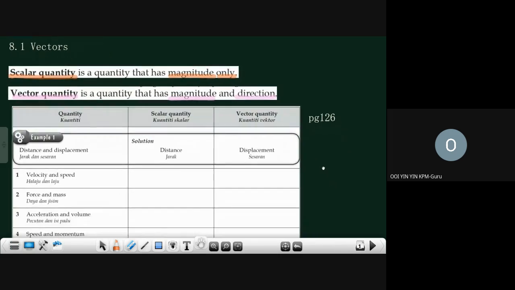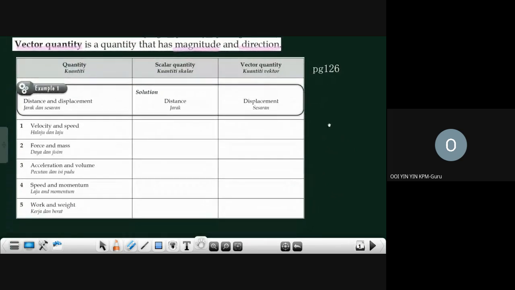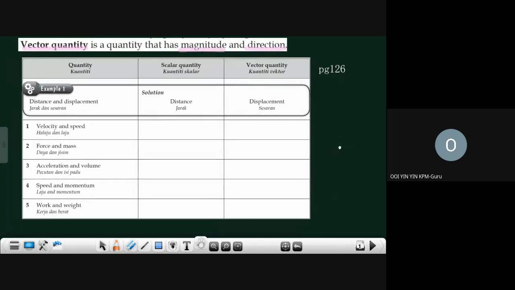So now a very simple task here. The first one is that we want to categorize the quantities here, 1, 2, 3, 4, 5, whether it is scalar quantity or vector quantity. To categorize it into scalar or vector, you must know whether that quantity has only magnitude or magnitude and direction.